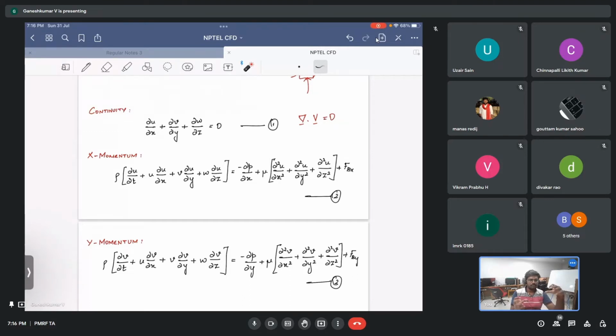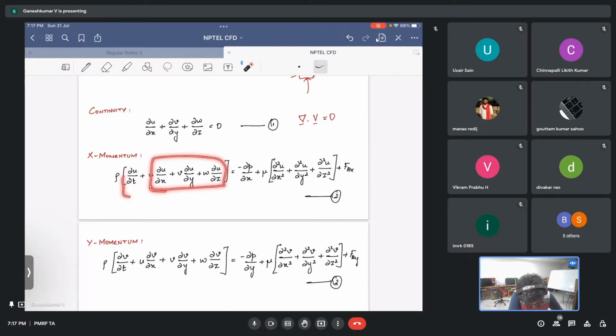There, Newton's second law will be recast in a different form, like the Navier-Stokes equation, which is a momentum equation. So we need to write two momentum equations in both directions, x momentum and y momentum. If we look at the momentum equations, this ∂u/∂t is a temporal derivative, and these are convective derivatives.